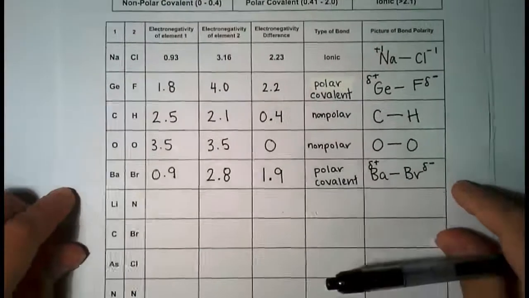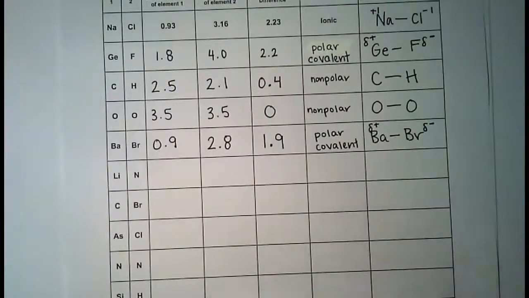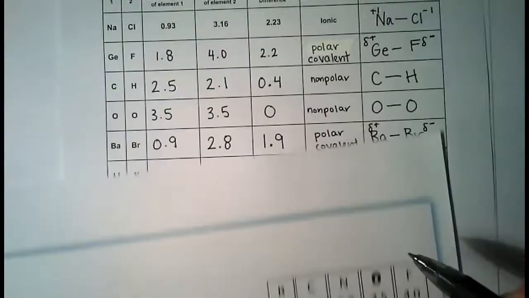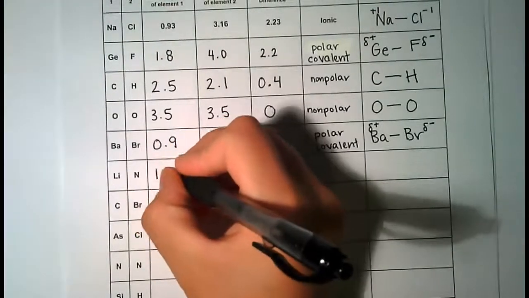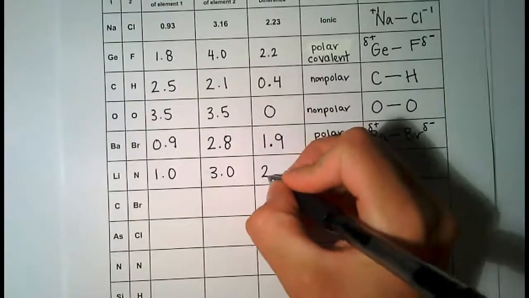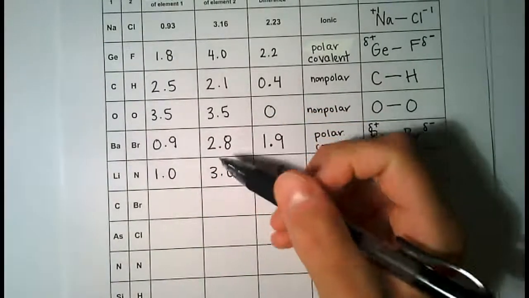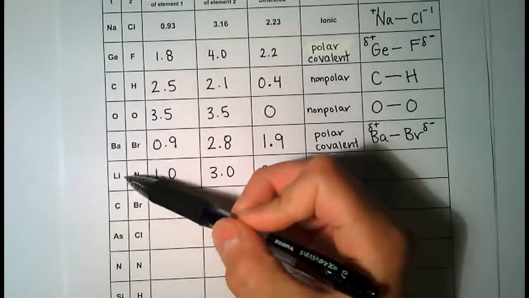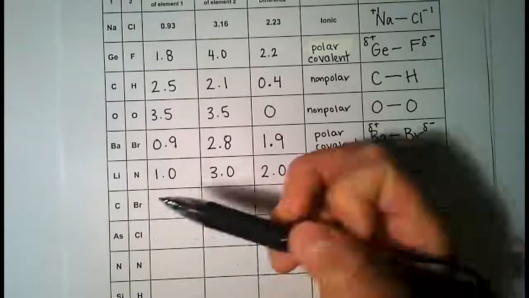Next up we have lithium and nitrogen. Lithium is 1.0 and nitrogen is 3.0, which is a difference of 2.0. So this is very polar, and also lithium is a metal, so this is going to be an ionic bond.